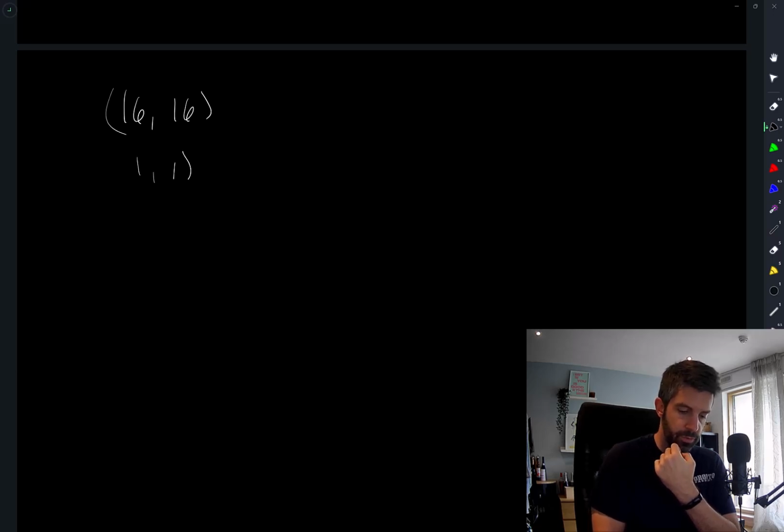Another way of thinking about this: 16 matches with 16, 1 matches with 1. Every other number has to come in pairs. Every other unit, at least, has to come in pairs. So the number of units is even.